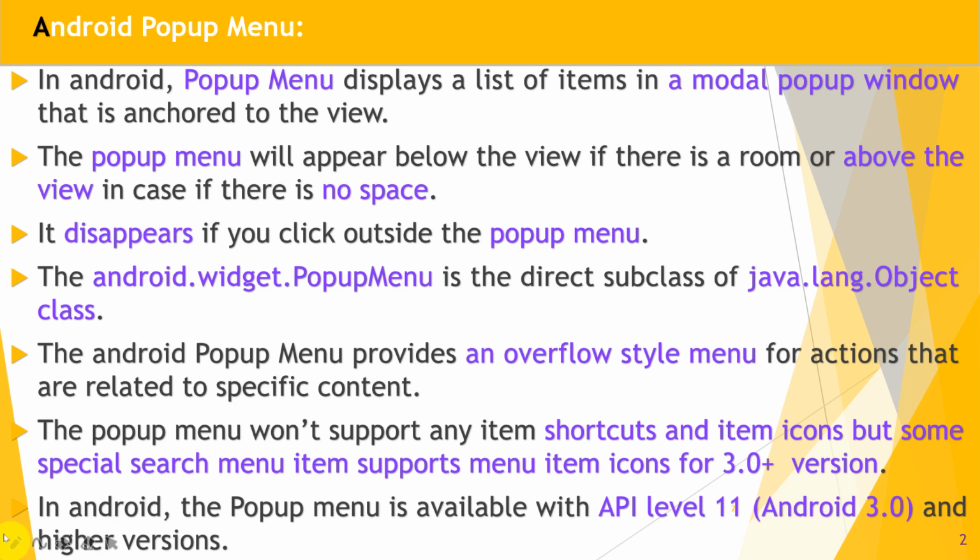Next, in a pop-up menu we can also create submenus. We will see this part in this lecture using Android Studio. Great. So in which version was the PopupMenu class introduced? From Android 3.0, and higher versions also have the PopupMenu class.